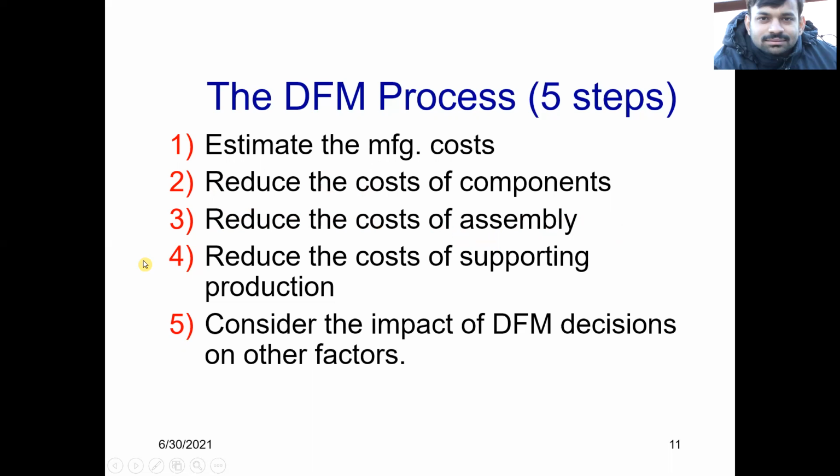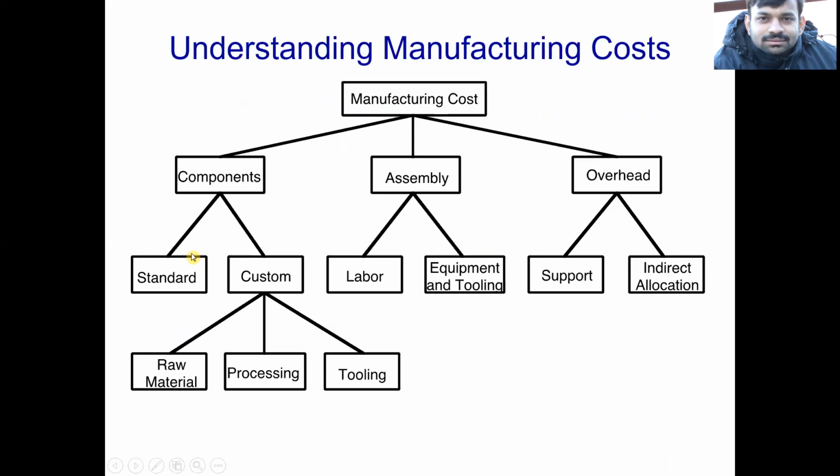In assembly cost, we saw that two types of costs are associated with it. One is labor cost, second is equipment and tooling cost. Obviously, if the labor cost is more, if skilled labor is required, the cost of the product will increase.